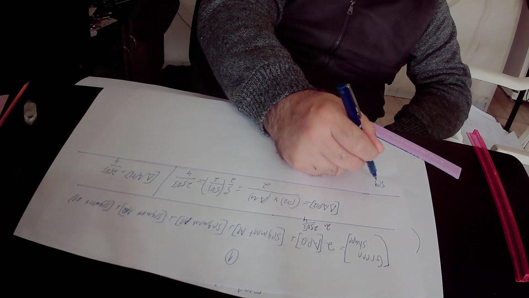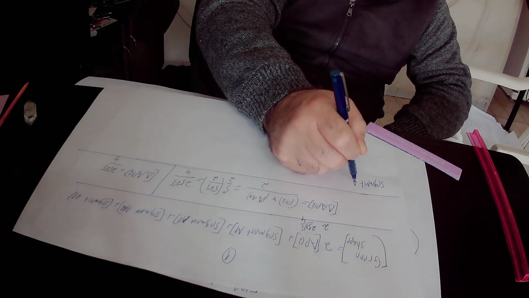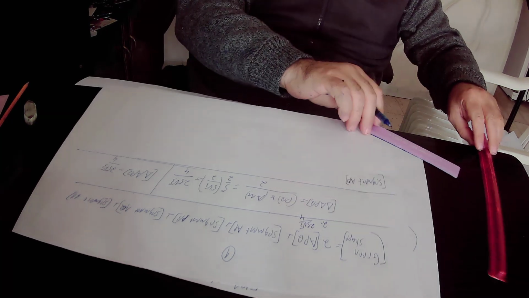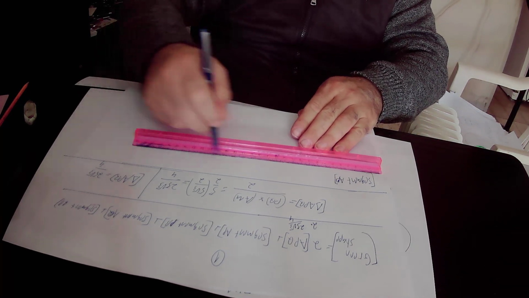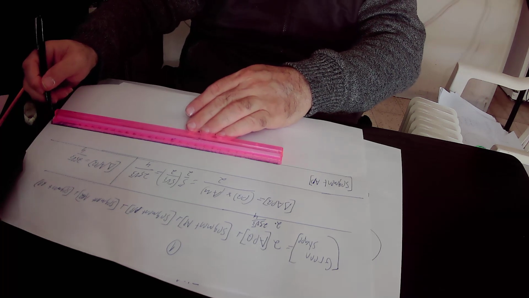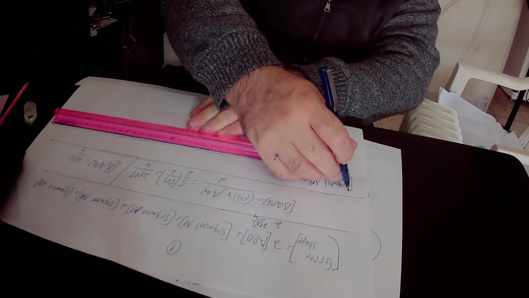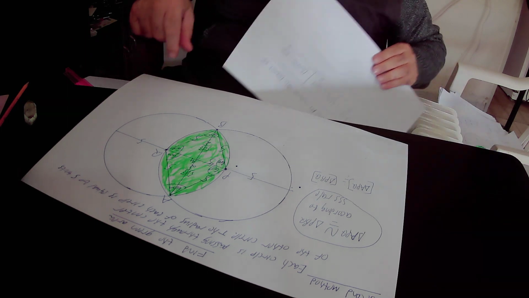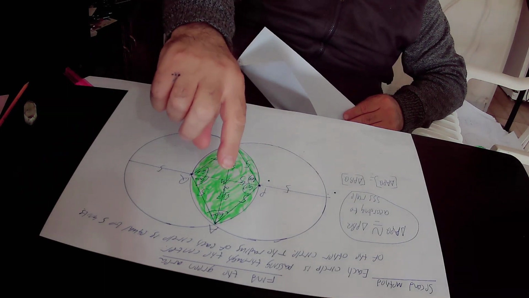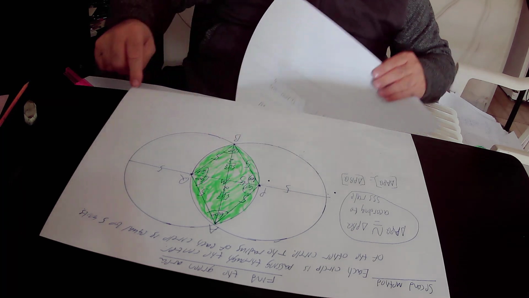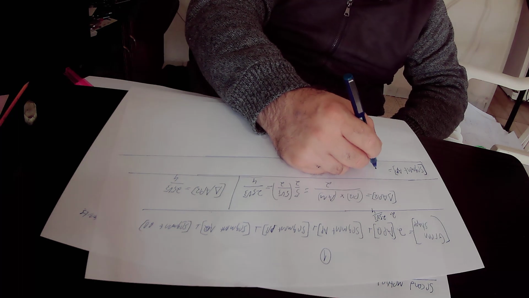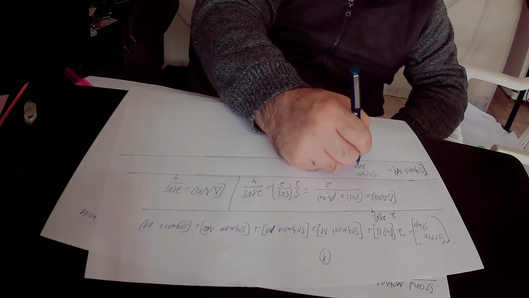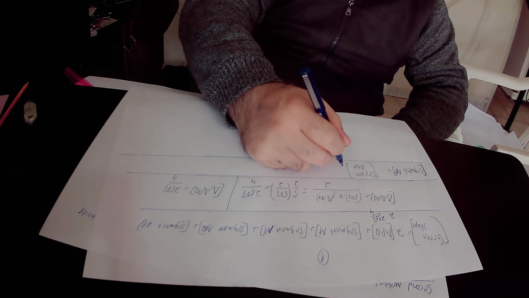The area of segment AP equals the area of sector AQP minus the area of triangle AQP.